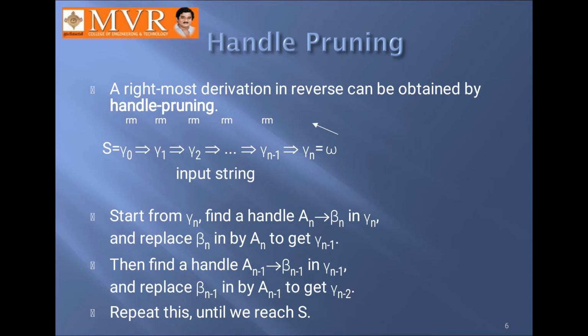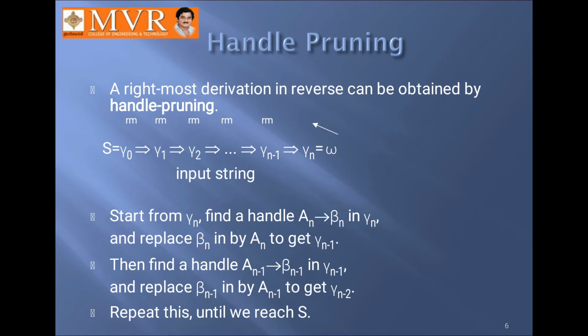The rightmost derivation in reverse can be obtained by handle pruning. Here, gamma n finds a handle A n goes to beta n, and replaces beta n by A n to get gamma n minus 1.